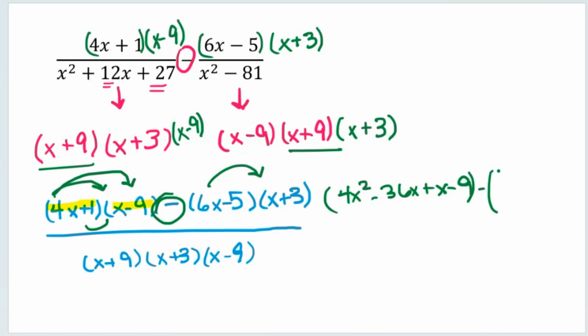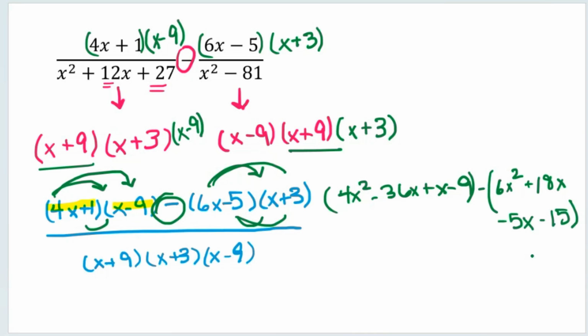So 6x times x, 6x squared. 6x times 3, 18x. Negative 5 times x, negative 5x. And negative 5 times 3, negative 15.